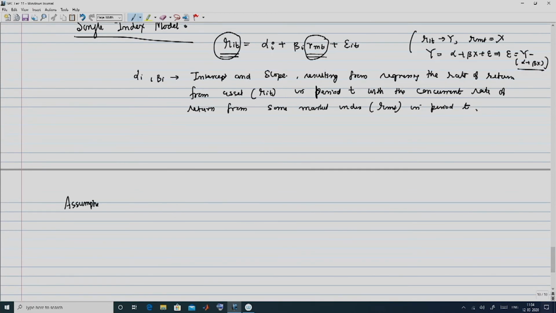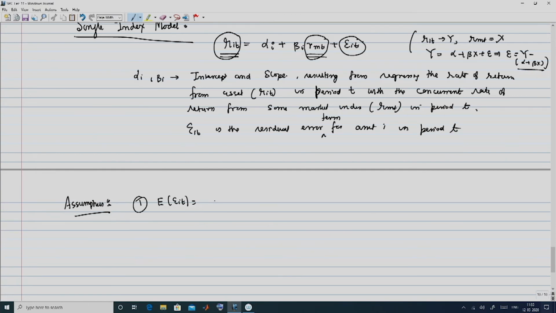Alright, so now in order to carry out this exercise, I need to make certain assumptions. The first assumption is that the expected value of epsilon it, which is the residual error term for asset I in period t, is going to be 0.